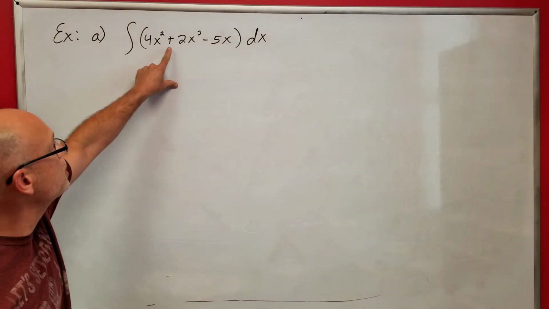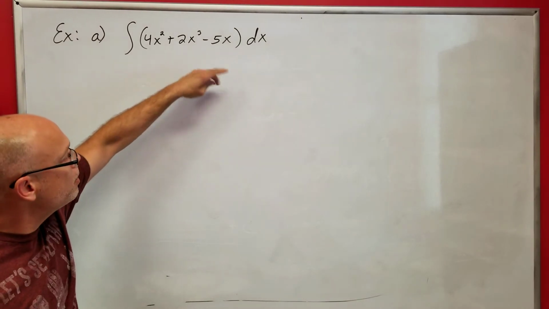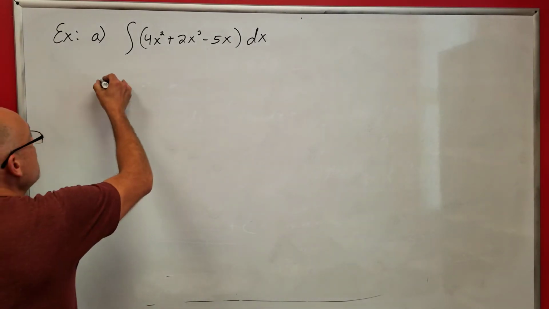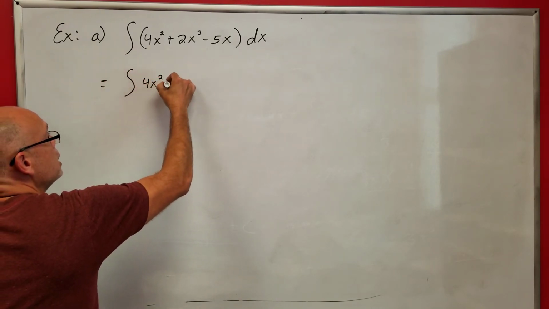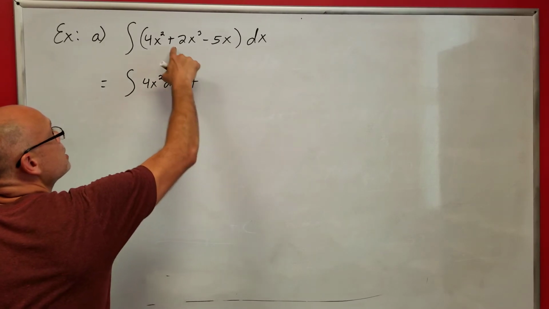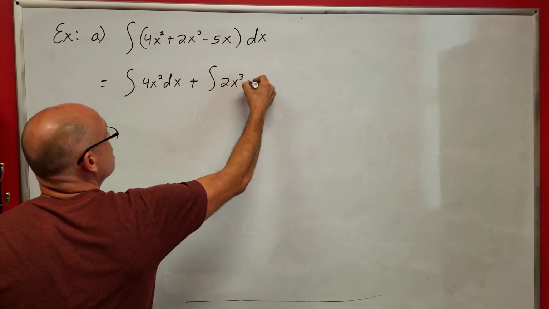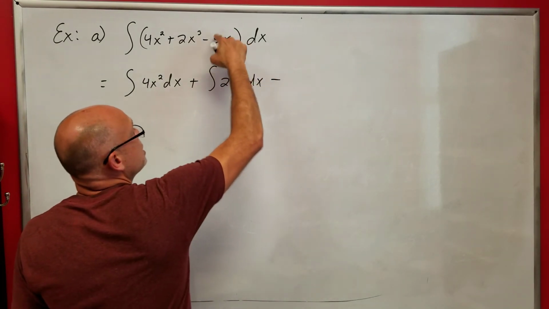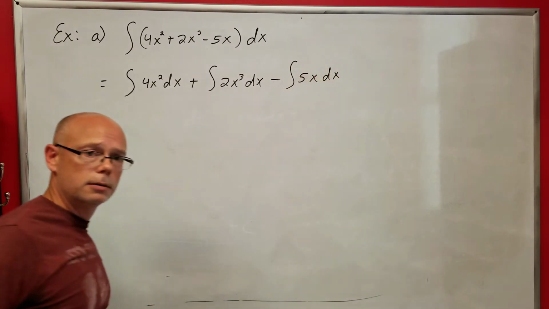I'm integrating stuff that's being added and subtracted, right? So those last two properties just told me I could break this up into separate integrals. I could write this as the integral of 4x squared dx plus the integral of 2x cubed dx, minus the integral of 5x dx.